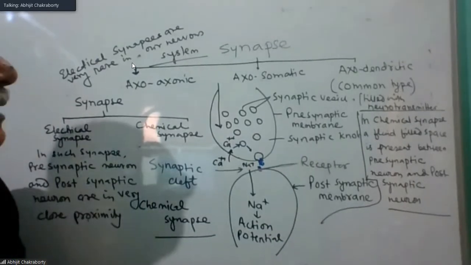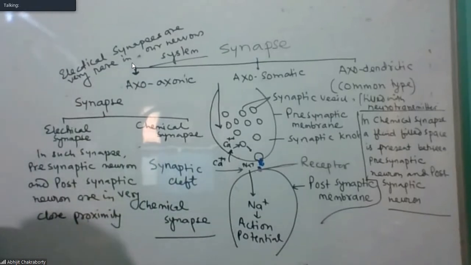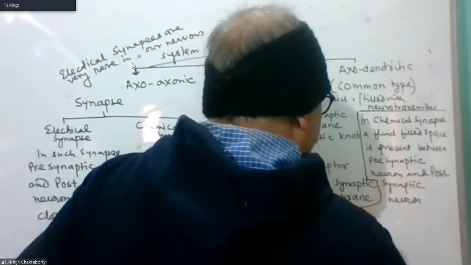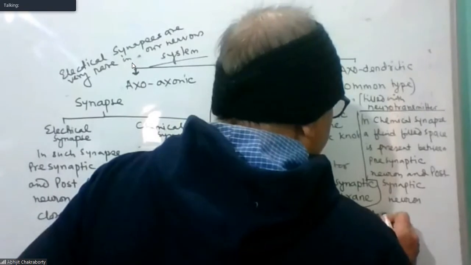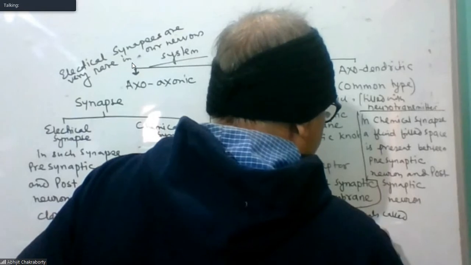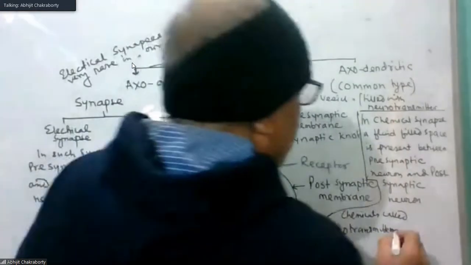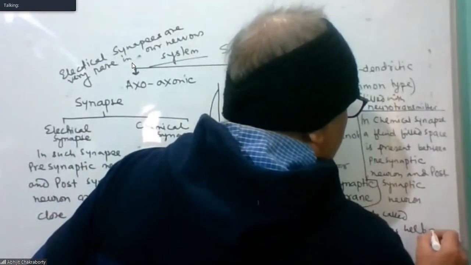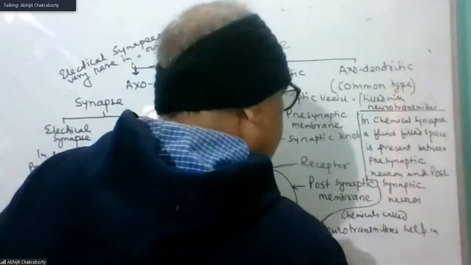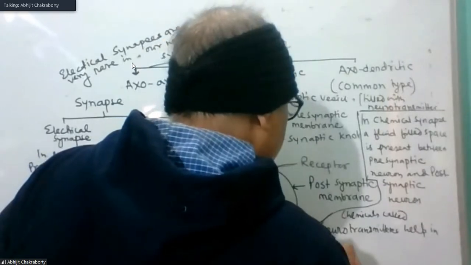And here, impulse is propagated with the help of chemicals called neurotransmitters.